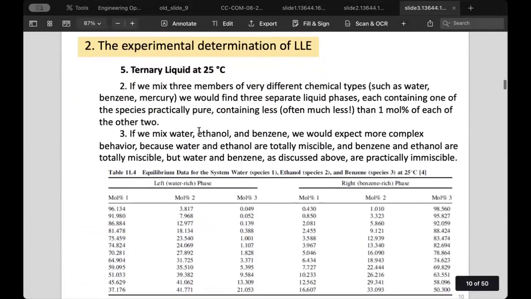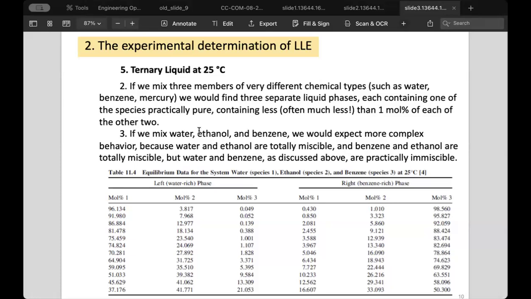Okay. Now we move to the next thing. We have ternary liquid mixtures. We know that water and benzene, what happened to water and benzene?